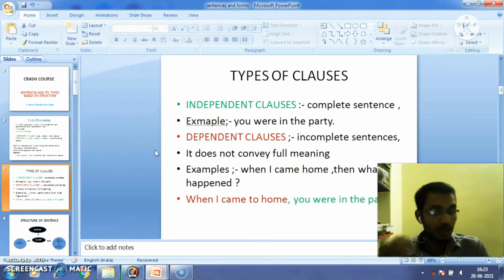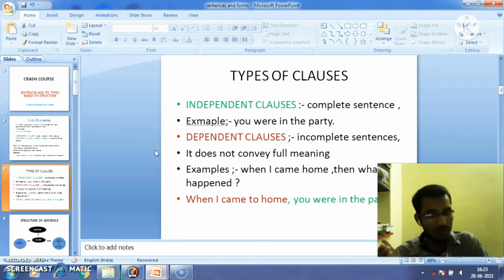For example, you can see here, when I came to home, then what happened, right? As I told you, a dependent clause is always dependent upon the independent clause.